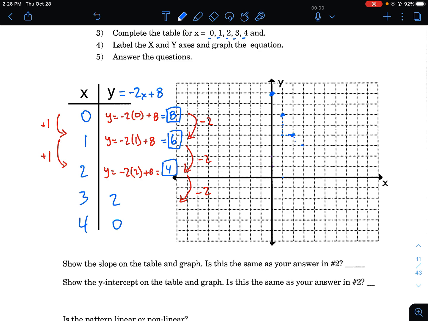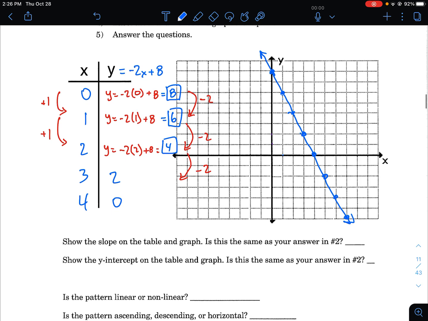Down 2 over 1. Down 2 over 1. That's how I could do that one instead. So let's draw a line connecting all that. This keeps going.